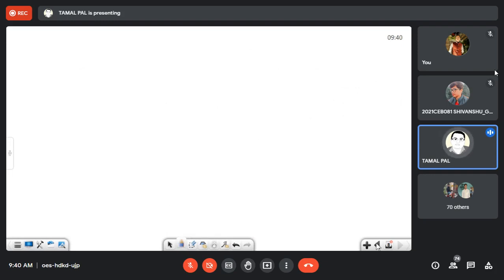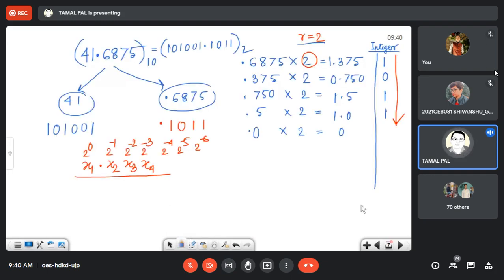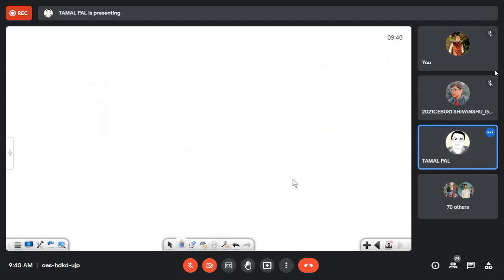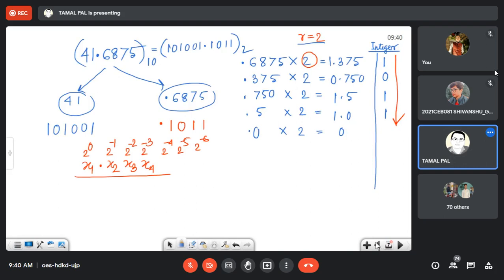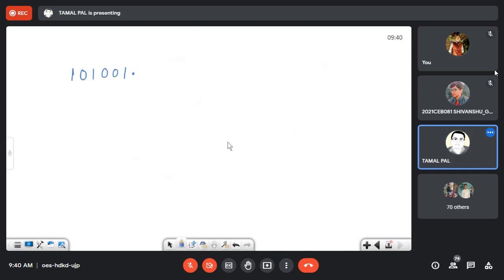If your 41 is 101001 and point 1011. So let us put the weightages here.